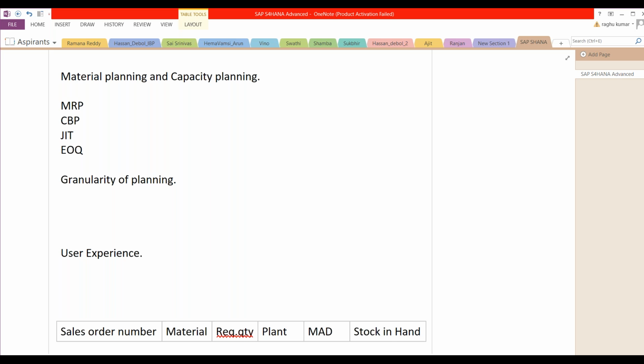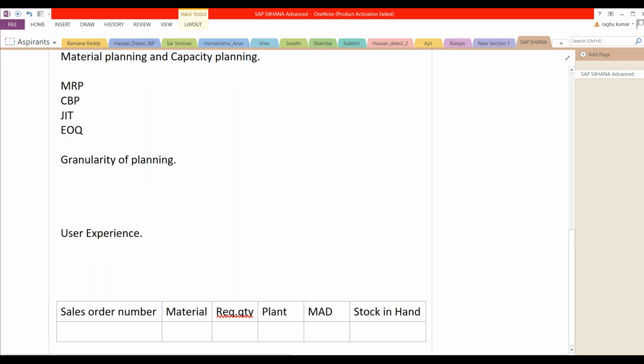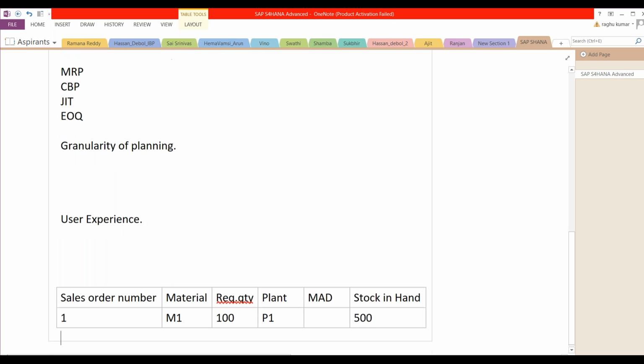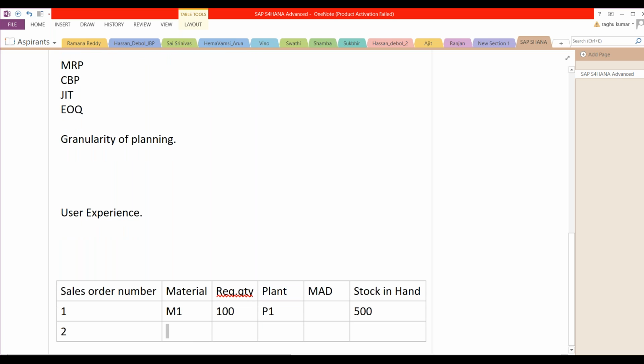Yes. Okay. So I'm just entering some values here. Sale order number 1 for a material called M1, requested quantity as 100, planned P1, MAD I'm still about to decide. Stock in hand is 500. Say another sale order 2 of material called M2, same 100, same stock in hand.